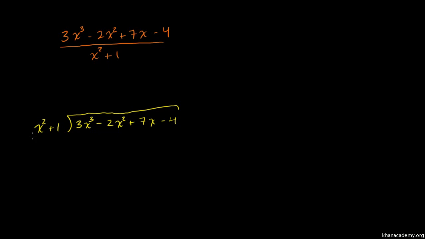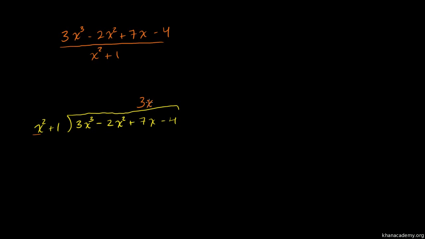Once again, look at the highest degree term. X squared goes into 3x to the third how many times? It's going to go into it 3x times. You multiply 3x times this, you get 3x to the third. So you write the 3x over here in the x term.